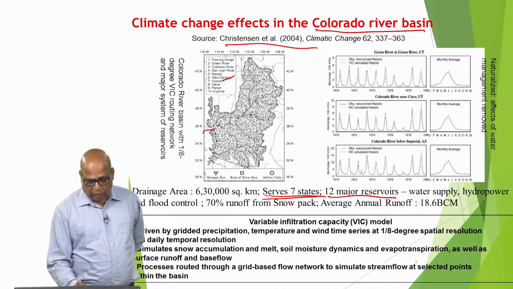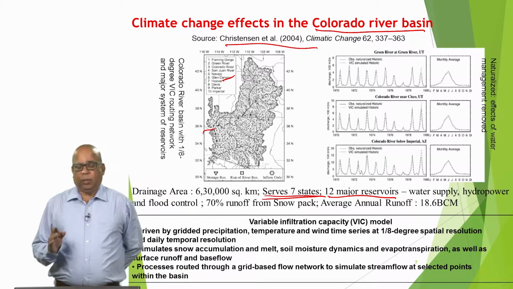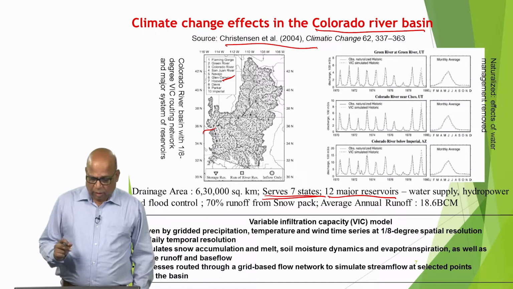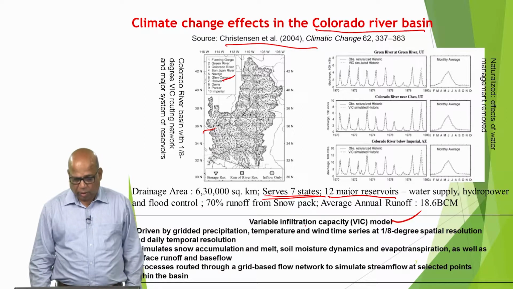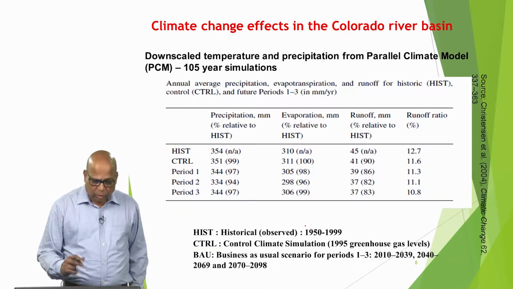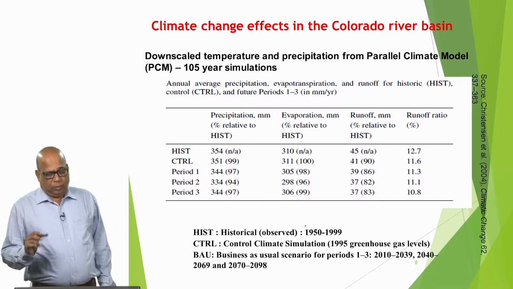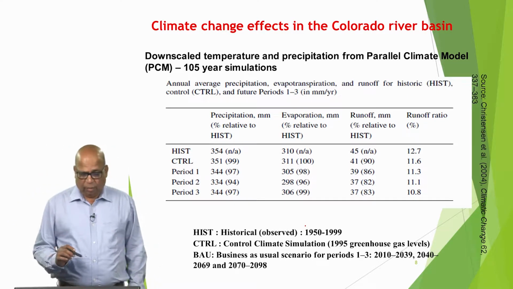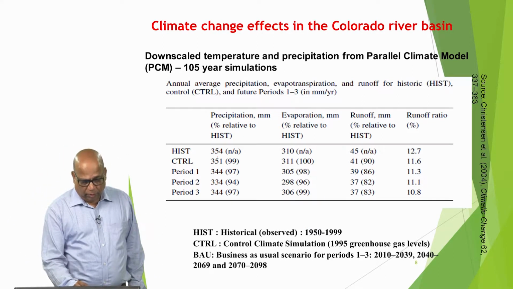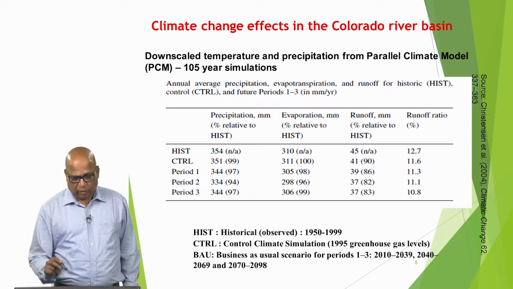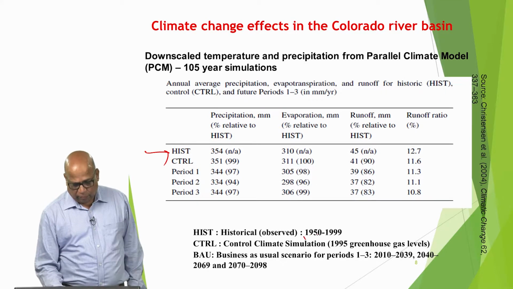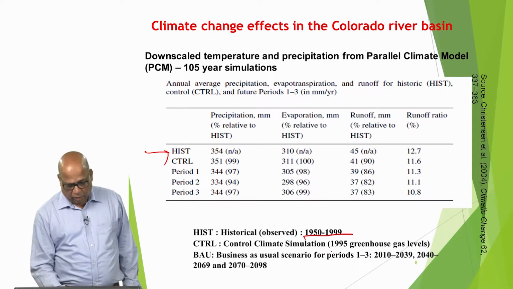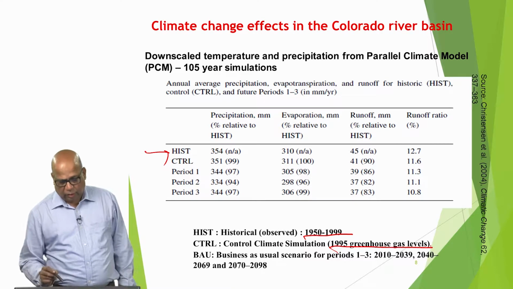What they do is they use one climate model, the parallel climate model, and one hydrologic model, the variable infiltration capacity model, and then simulate to the future the stream flows and the evaporation. For example, all of these variables, precipitation, evaporation, runoff and so on. So, this is the historical period, that is 1950 to 1999, and control is 1995.